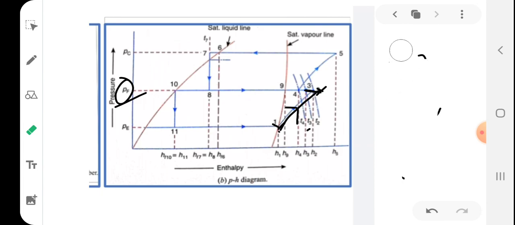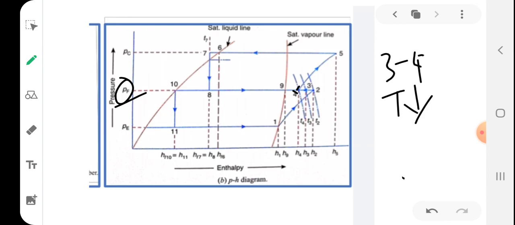It again gets cooled, desuperheated. From 3 to 4, the temperature again gets lowered by mixing the stream coming from the flash chamber. The temperature of the high pressure vapor coming from the water intercooler is again getting lower, to point 4.